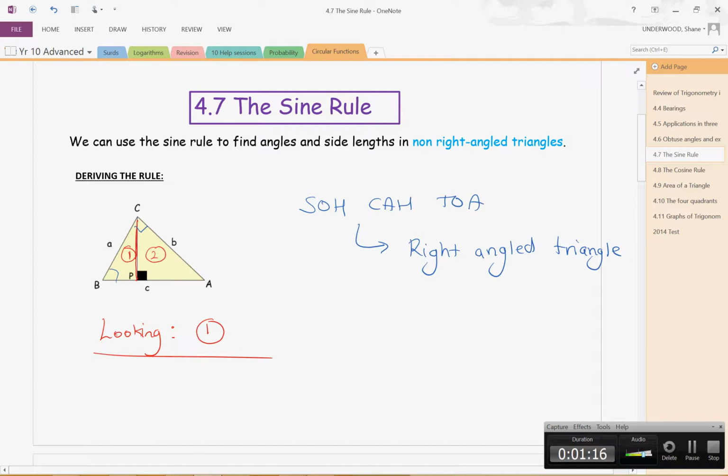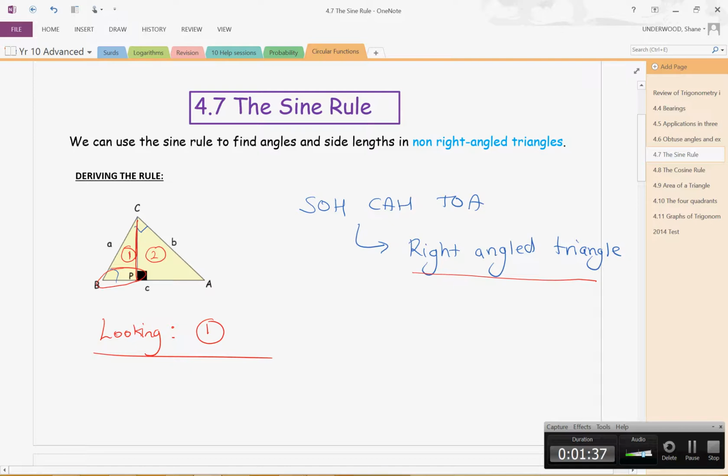So, when we look at triangle 1, I'm going to use SOHCAHTOA with that triangle because it is a right angled triangle now. What can you tell me? We've got this point, I guess P, which is the point at which it intersects this line segment BA.